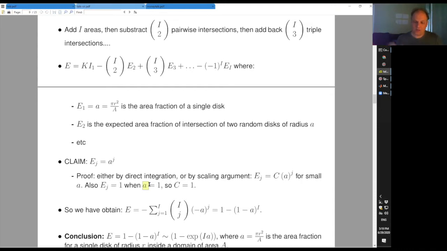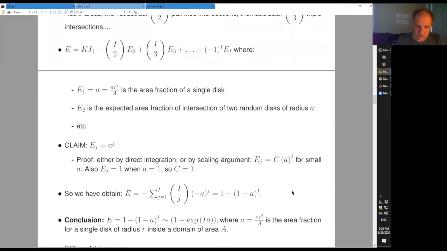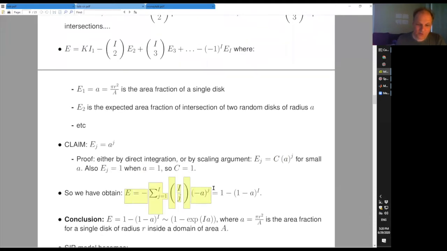When your little red disk covers the entire domain, the expected intersection area is just 1. So with the scaling argument, that gives you that this constant c is equal to 1. So finally, we have this formula for the expected area of the I disks: this sum, and then it's actually just binomial.